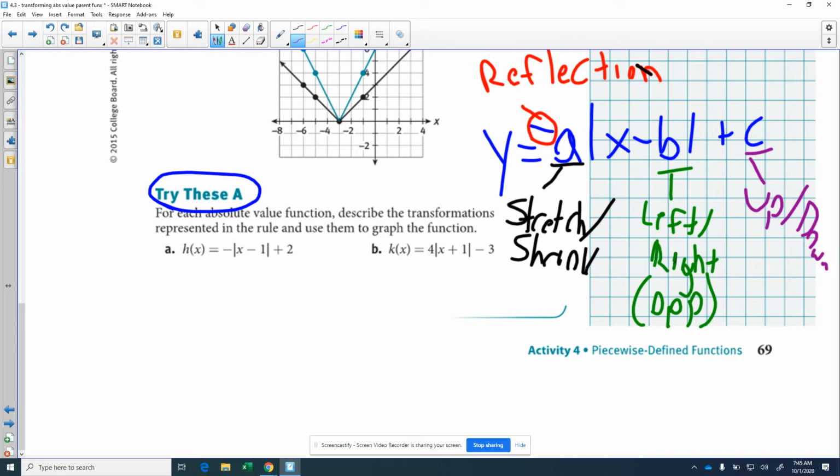Okay, so for try these A, they really just want us to describe what's happening in each of these. Well, if I look at this function, I see a reflection because of the negative. So we have a reflection.